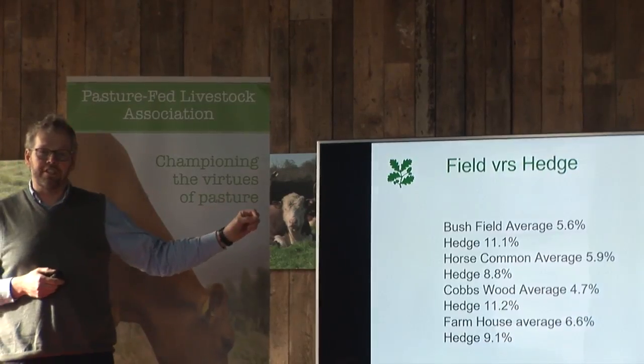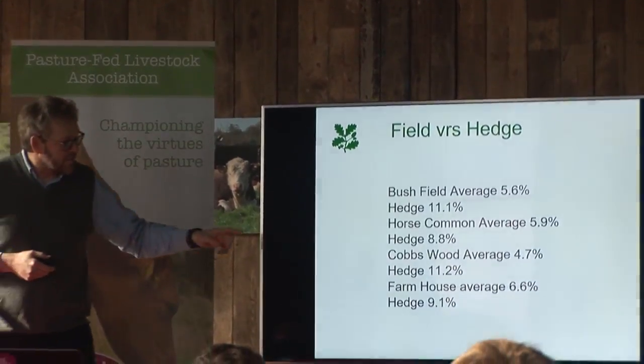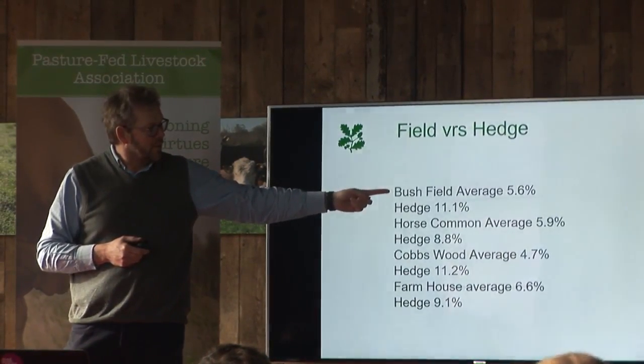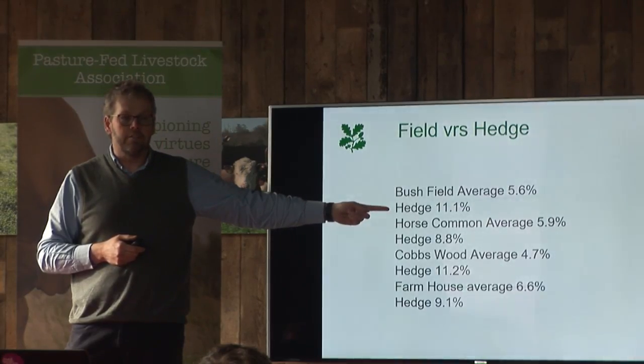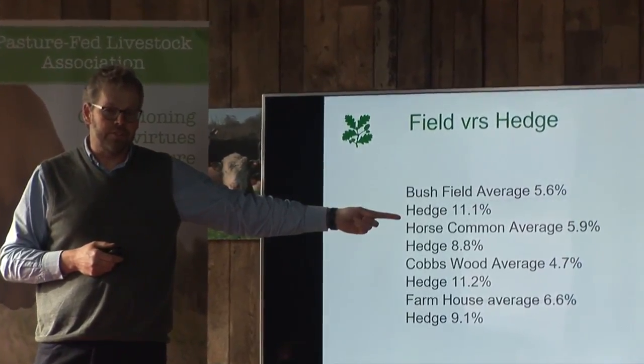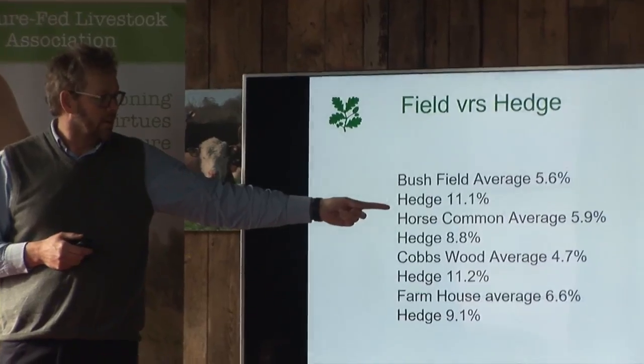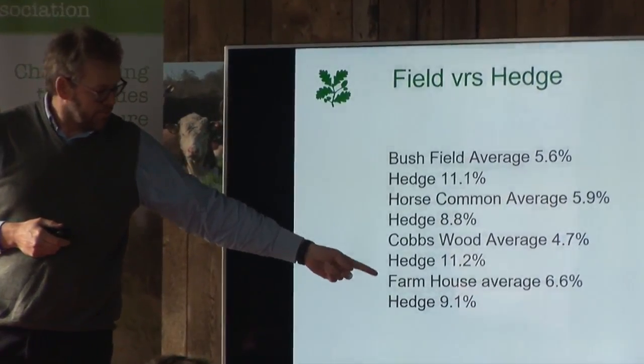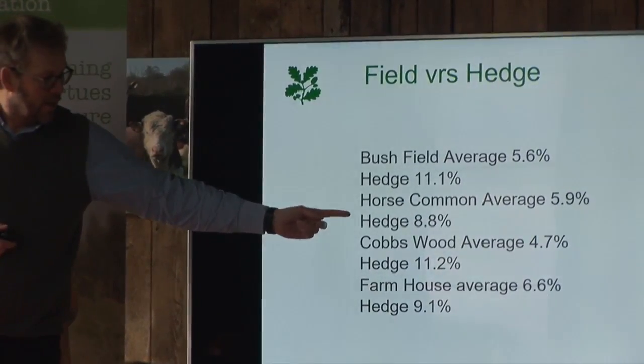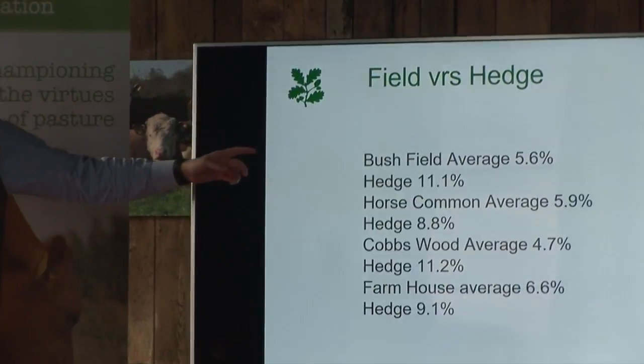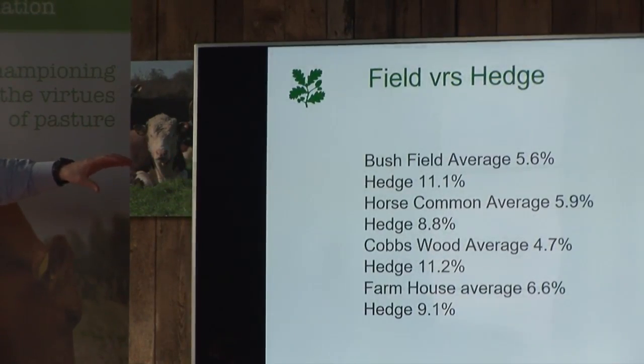So this is loss on ignition. So this is in the middle of the field. And this is the hedge at the edge of the field. It's been at least 40 years that we know of, probably longer. Same all the way through. When I see figures like that, I'm sort of thinking, this goes back to your plate meter, John.